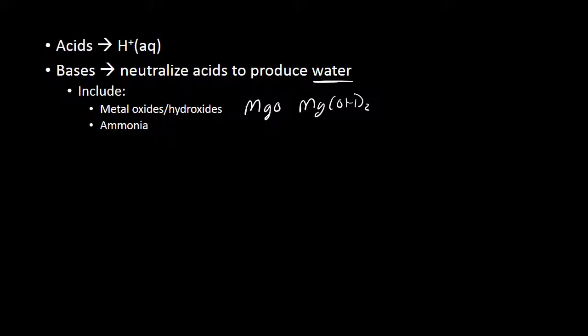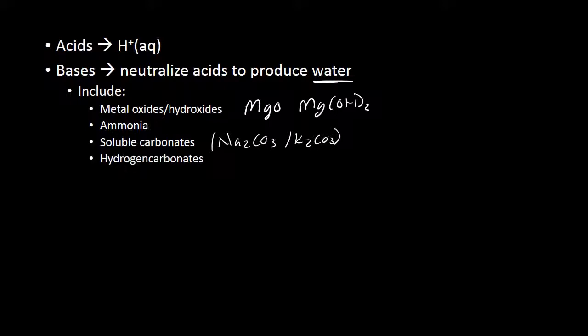Ammonia, soluble carbonates, and because carbonate is usually insoluble unless it's with an alkali metal, that includes Na2CO3 or K2CO3, those are soluble. And lastly, hydrogen carbonates, so that is when you have, again, NaHCO3 or KHCO3, because that hydrogen makes it a hydrogen carbonate.